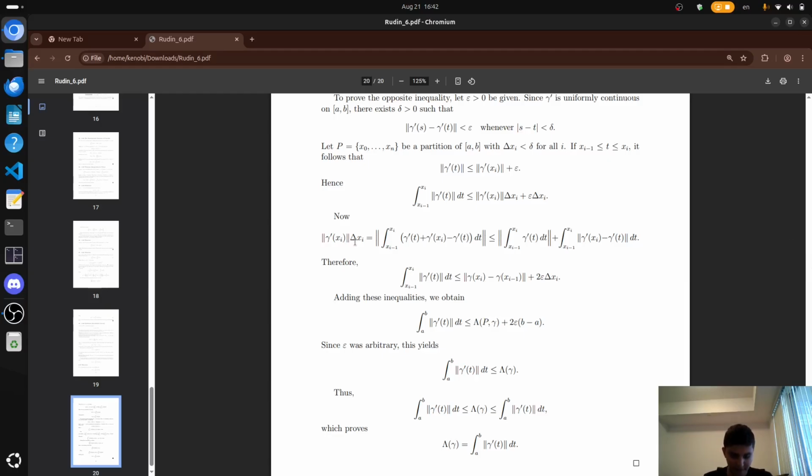Now we know that the absolute value of gamma prime of xi times delta xi is equal to the integral from xi minus 1 to xi of gamma prime of t plus gamma prime of xi minus gamma prime of t dt. So we added this gamma prime of t and subtracted this gamma prime of t. And now we separated with the triangle inequality.